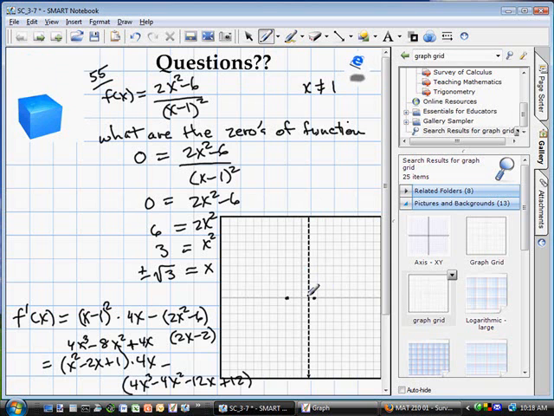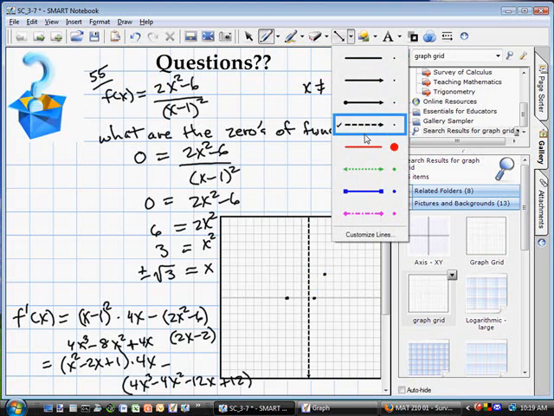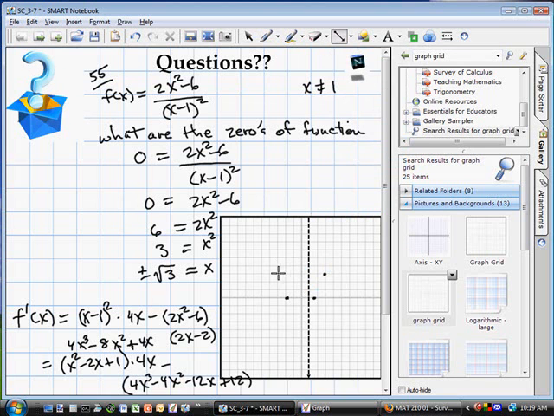So at the point 3, 3, right there we have a horizontal tangent line. I'll tell you what, I'll use a green. That's probably too big, but I wanted to use something other than a black line because the black line's for the asymptote. So we know we have a horizontal tangent there.